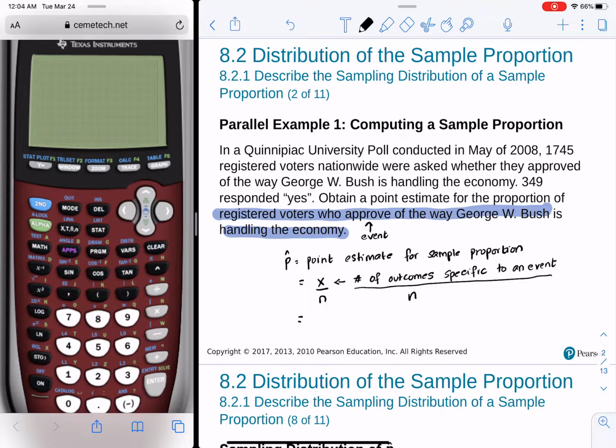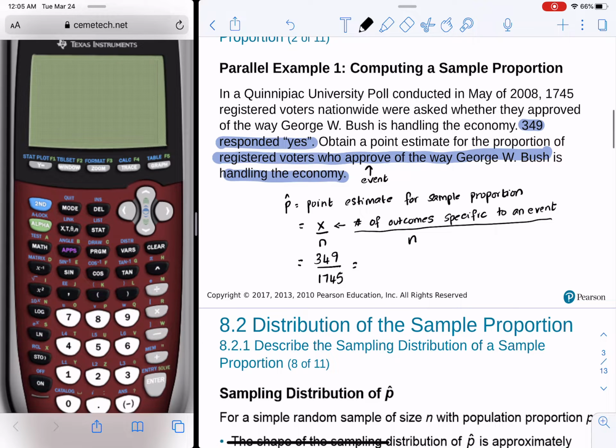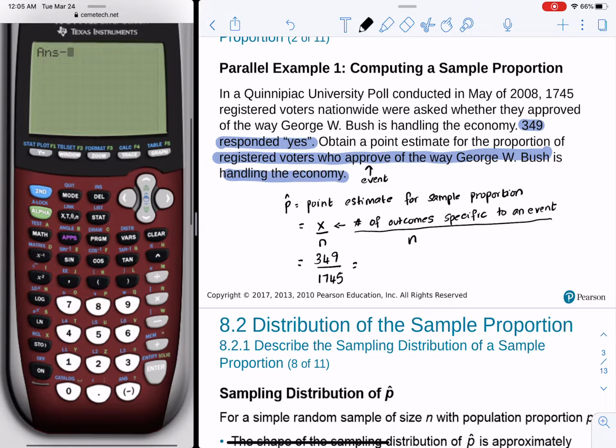So 349 people responded yes, that he is handling it well. So 349 divided by 1,745 would be the sample proportion. And that value is 0.2.